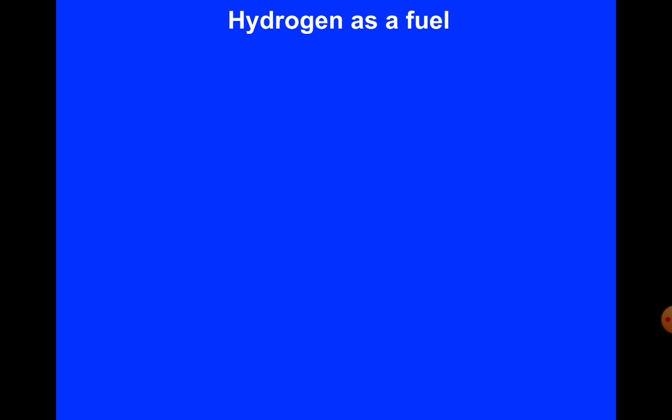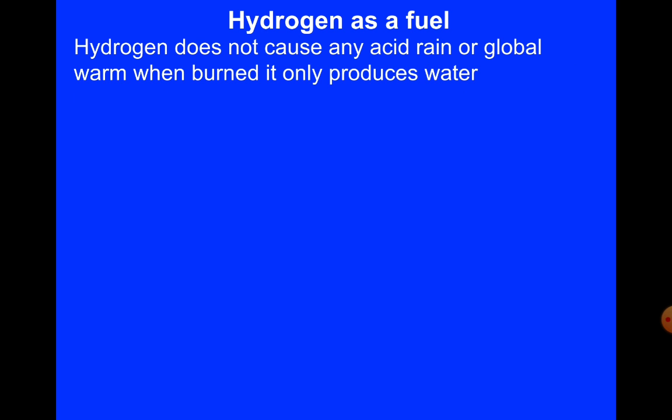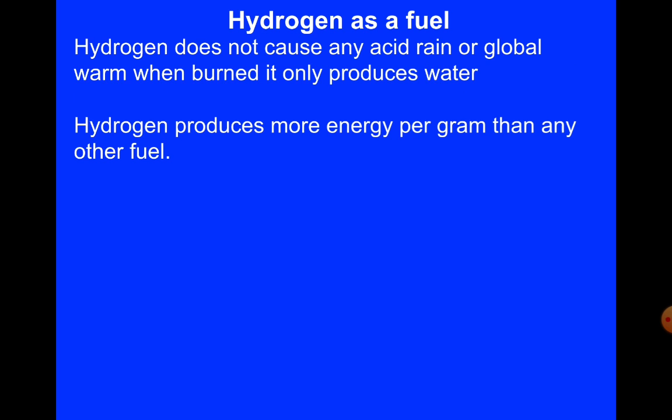The advantage of hydrogen is that it doesn't cause any acid rain or any global warming. It only produces water. And actually, hydrogen produces more energy per gram than any other fuel. More than gasoline or methane or pentane or butane.